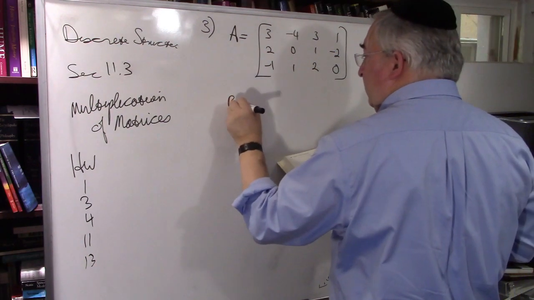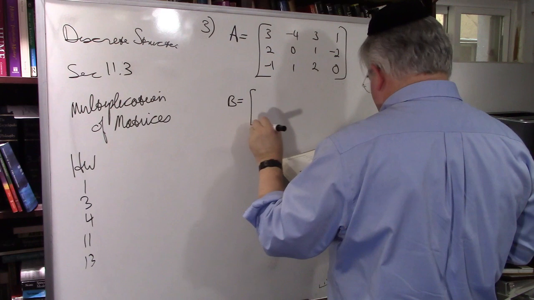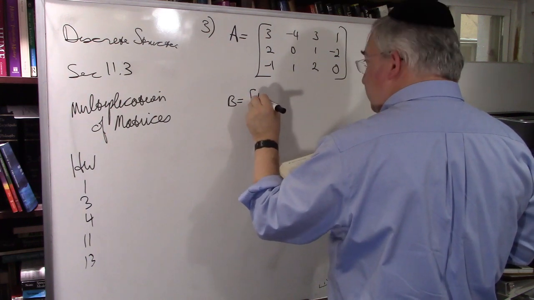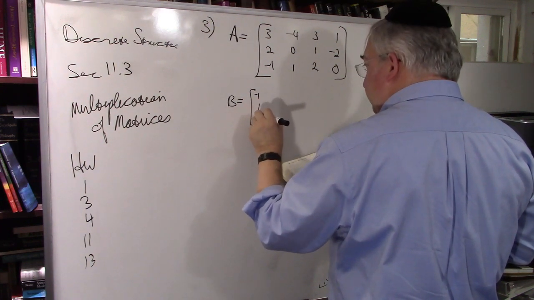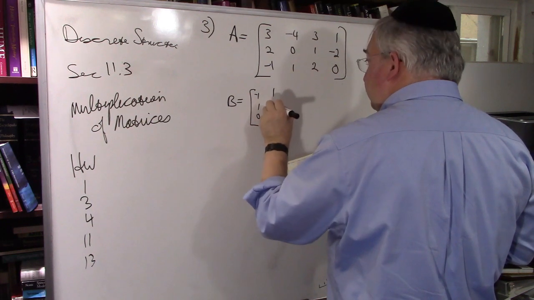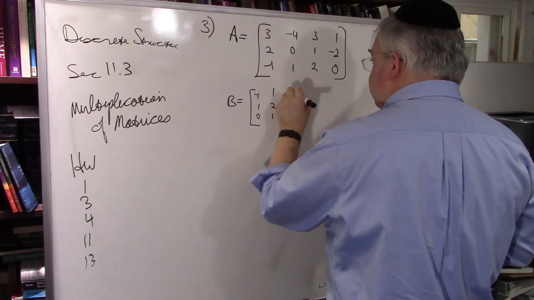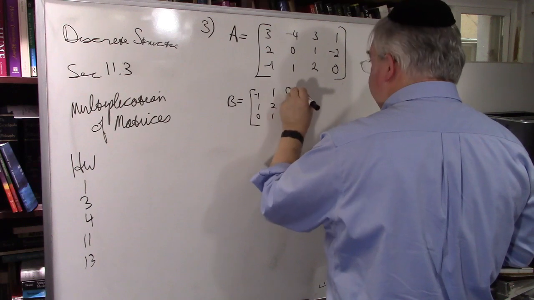Okay, B equals minus 1, 1, 0, 1, 2, 1, 0, 1, minus 1.